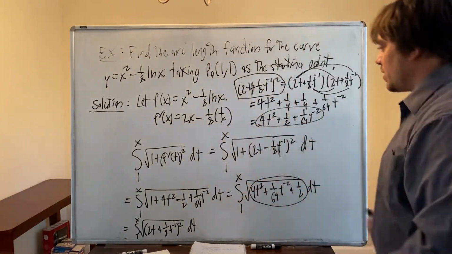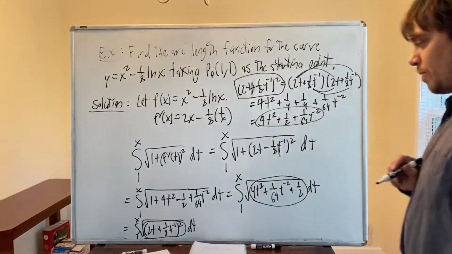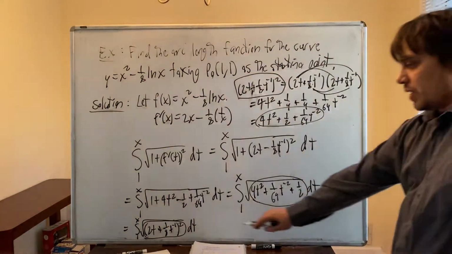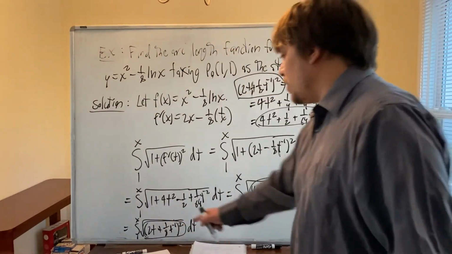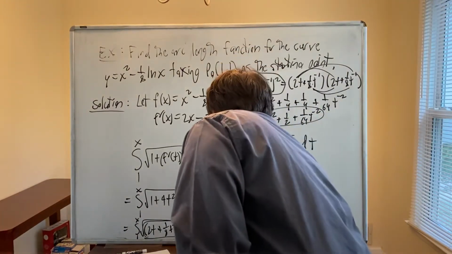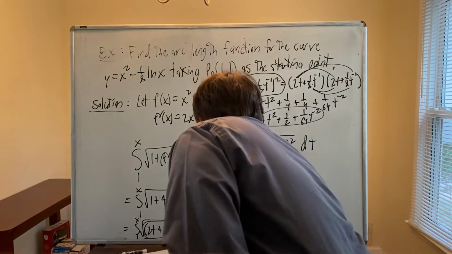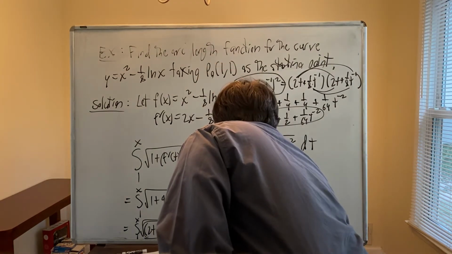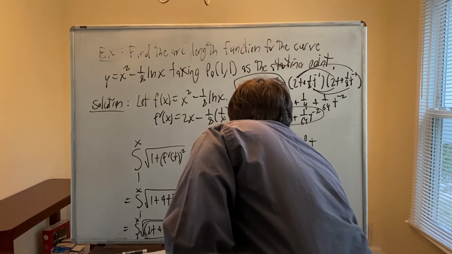I just substitute this for that, so what's inside the square root is now that. Since I expressed it as something squared, when you take the square root, the square root and the square cancel, and you're left with just the integral from 1 to x of (2t + 1/8 t^-1) dt.